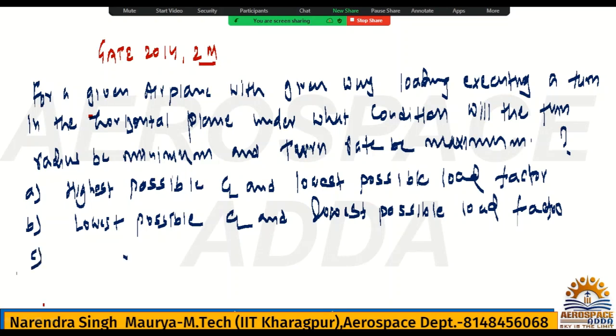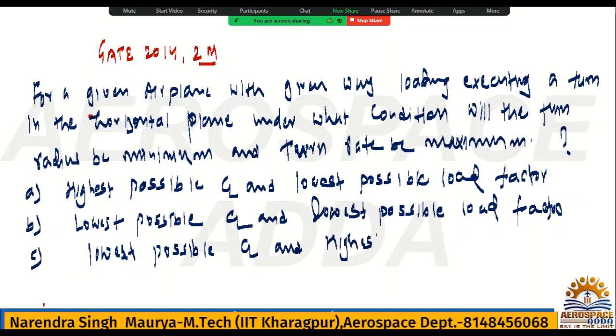Option C, lowest possible CL and highest possible load factor.